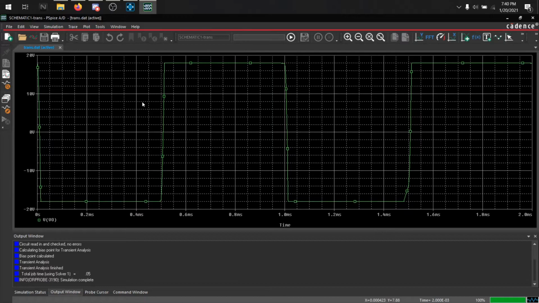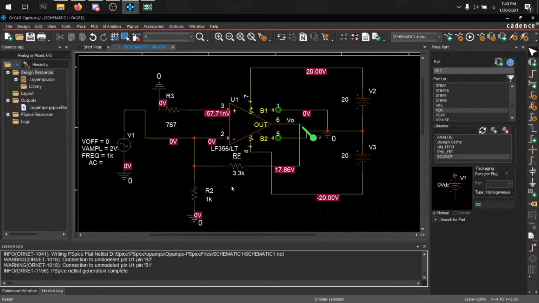So this one here, I am saturating it. And I shouldn't be saturating it. 17 volts. I think I broke something.